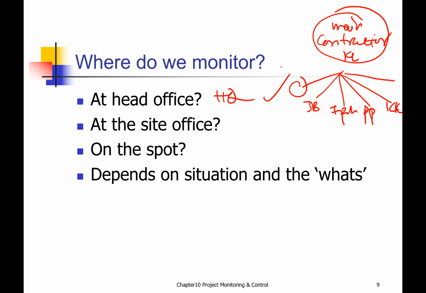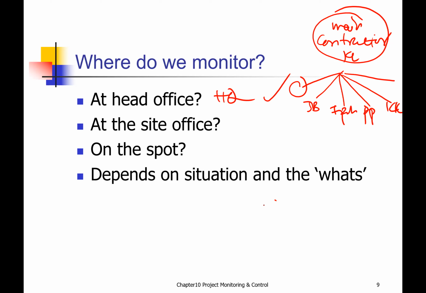Similarly, even in our country, the Public Work Department, JKR, which is a government agency that handles all the public projects, but the projects are all around Malaysia. So each district will report to the state JKR agency, and then they will report to the headquarters. But they do have computer software.